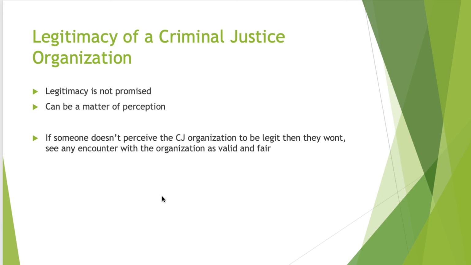So if you don't view a criminal justice organization as legitimate, then you won't see any encounter with that organization as valid and fair. So if you don't think that the police have legitimate power, any interaction you have with the police is going to be bad, because you think that they don't have the power. So that's what that meant. Hopefully that explains the legitimacy example a little better.